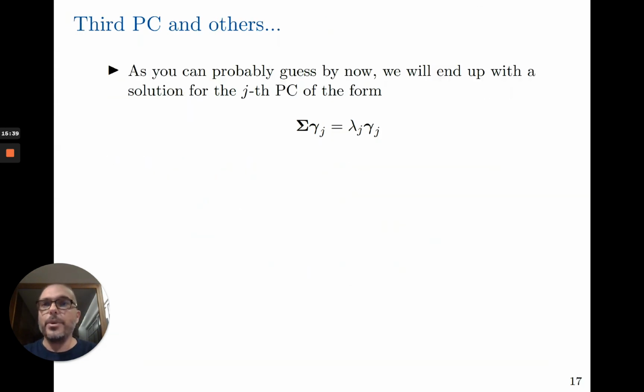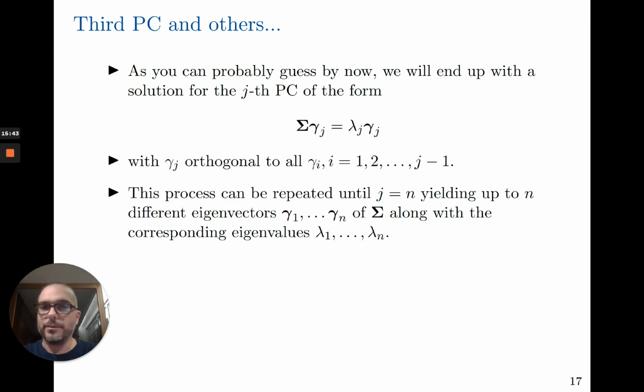And then we continue like this for all the others. We basically maximize the variance, we get an eigenvalue eigenvector equation, we pick the jth largest eigenvalue and the associated eigenvector.